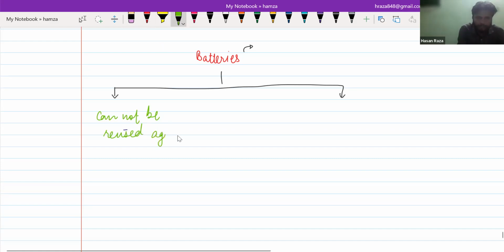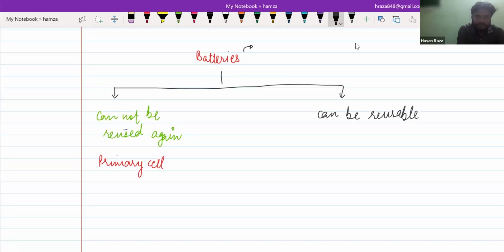Cannot be reused again. This is called primary cell. And the battery which can be reused, can be reusable, that is called secondary cell.